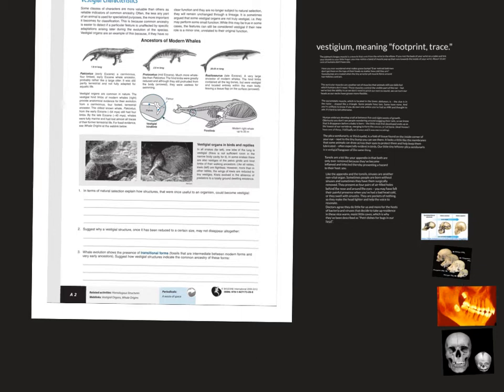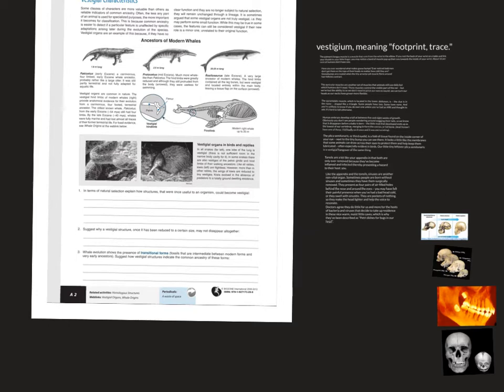So consider the idea of natural selection and how vestigial structures occur. They're generally structures that don't have an advantage or disadvantage, or if they do, it's a small one. So they're not really selected against in the population.